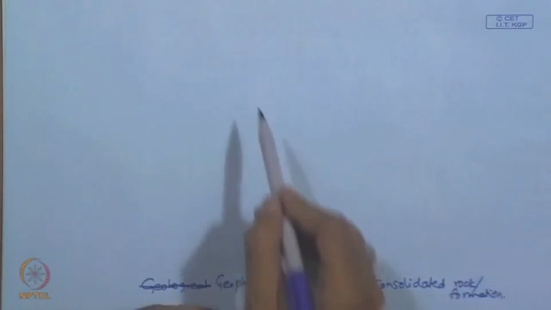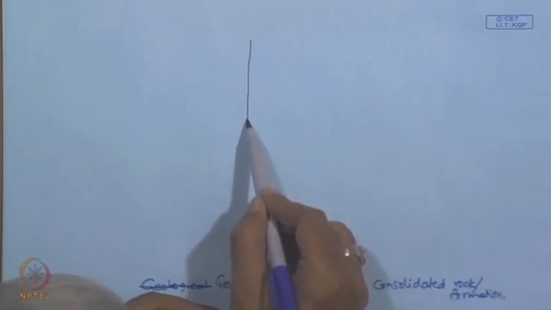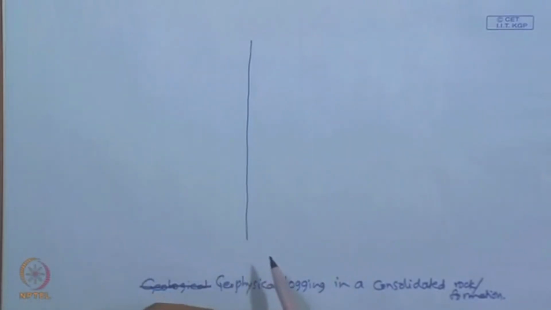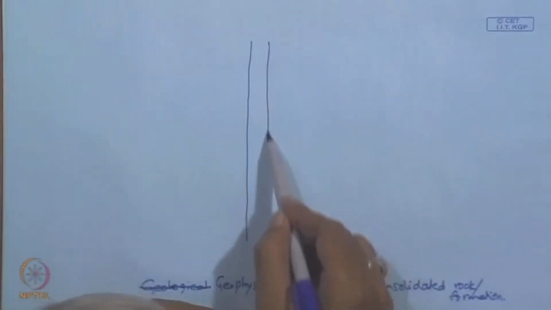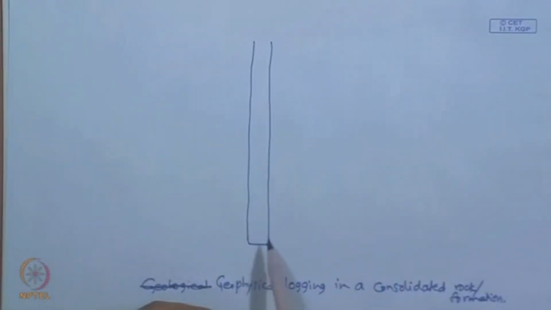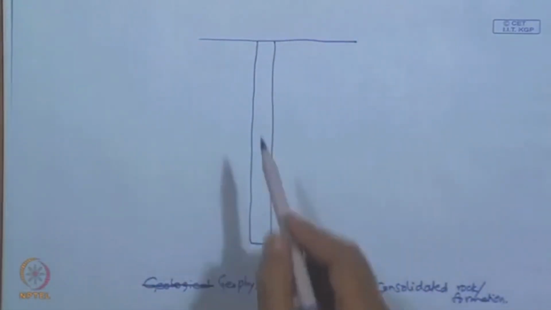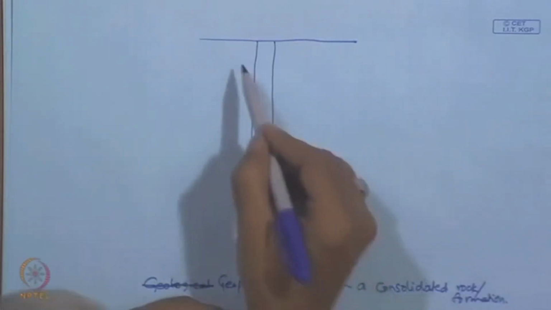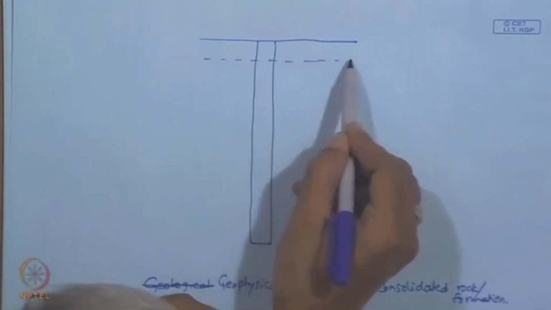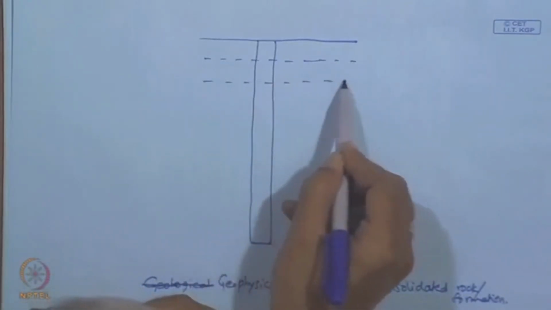In the previous lecture we discussed the geophysical logging in an unconsolidated rock or formation, and in this lecture we will consider the geophysical logging in a consolidated rock or formation, and here we have a consolidated rock or formation with various formations at different depths.